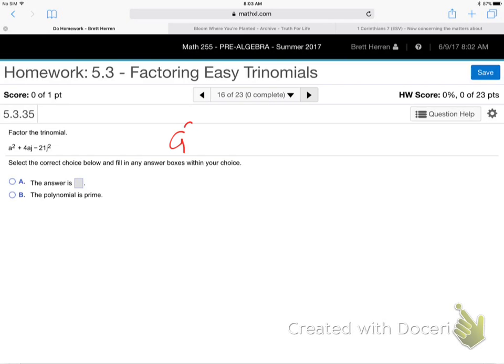Okay, so a squared plus 4aj, is that what that is? Yeah. Minus 21j squared.